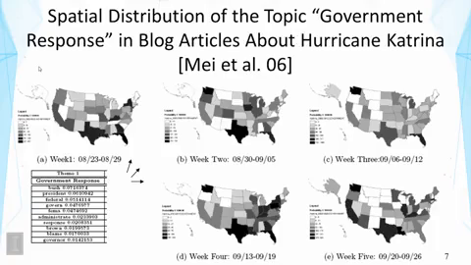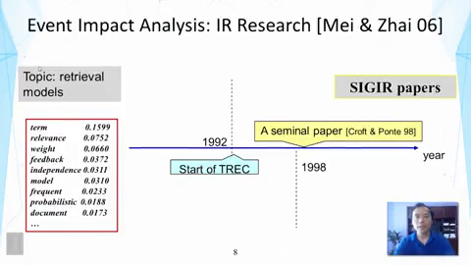So such a technique would allow us to use location as context to examine variations of topics. And of course, the model is completely general, so you can apply this to any other collections of text to reveal spatial temporal patterns.